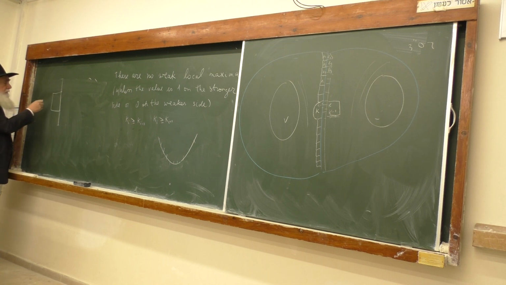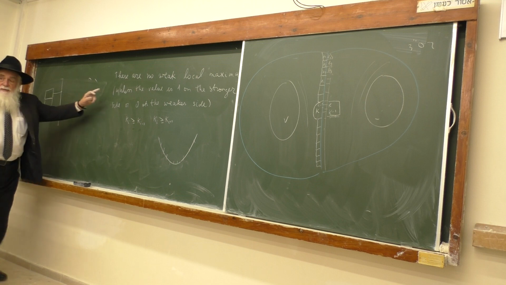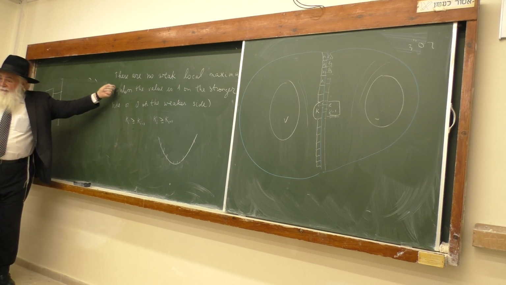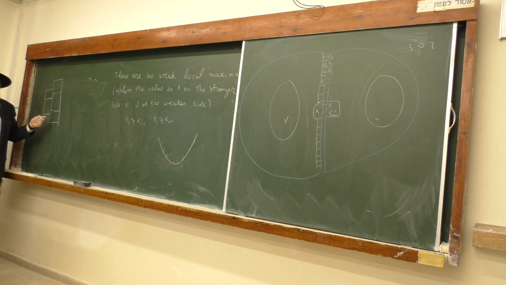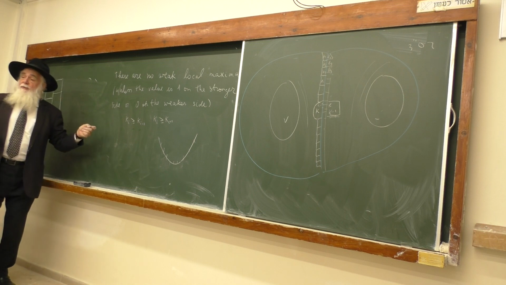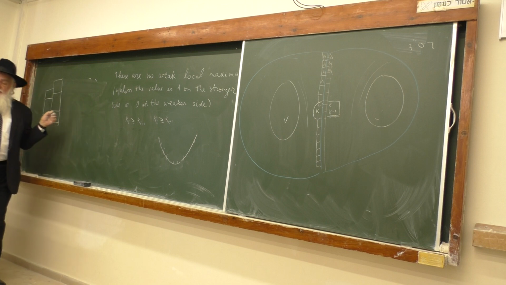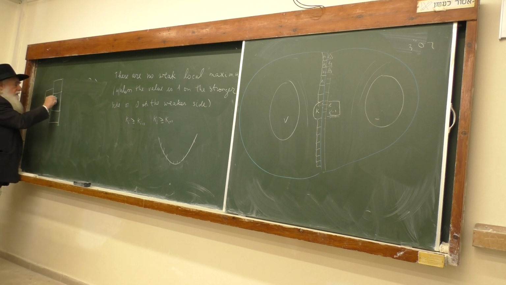So what happens is that he stands on two neighbors if it is the strong side, because bigger than one. It has at most two on its sides, because the distance is not bigger than this one, because this is a weak local maximum.